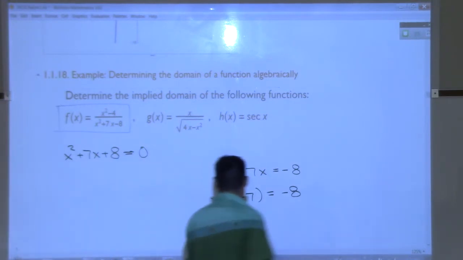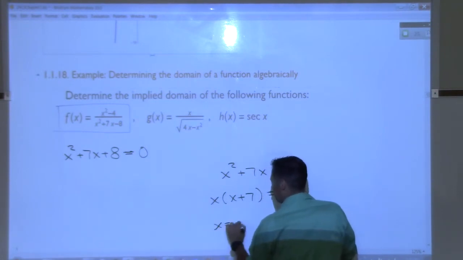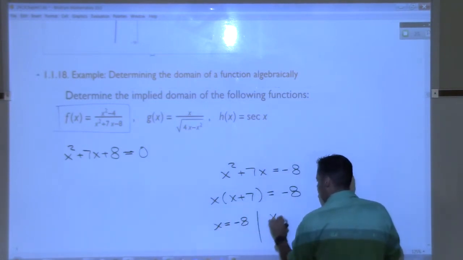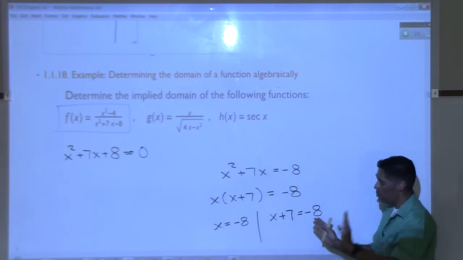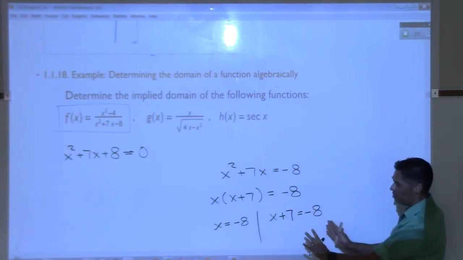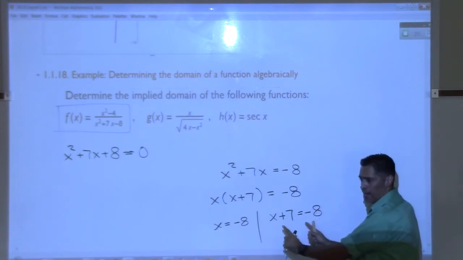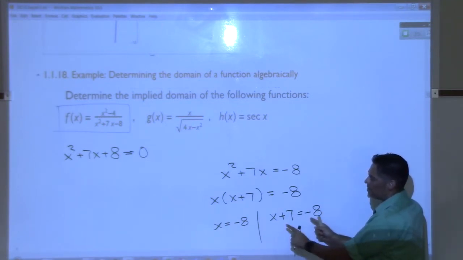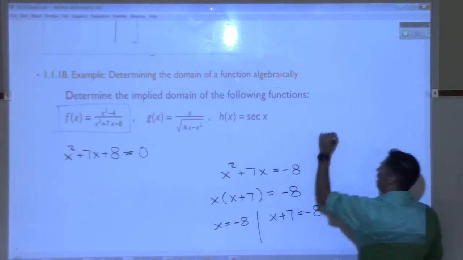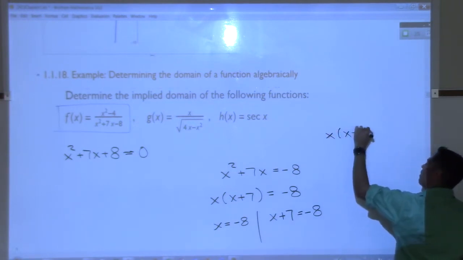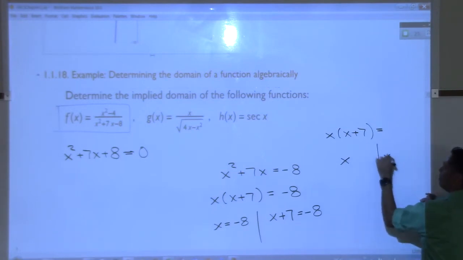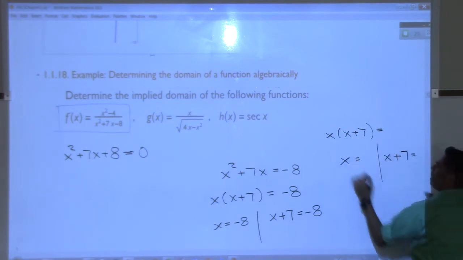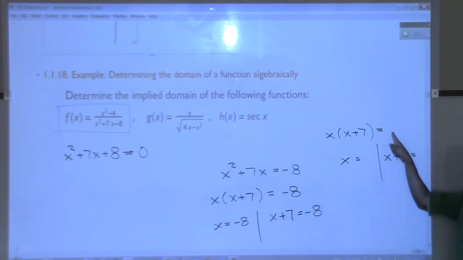If the temptation is to set x equal to negative 8 and x plus 7 equal to negative 8, I'm not sure that's where you were going to go, but that's what I've seen students do, this would be the mistake. The only way that you can ever have x times x plus 7 split up into two equations is if this side is what? 0.